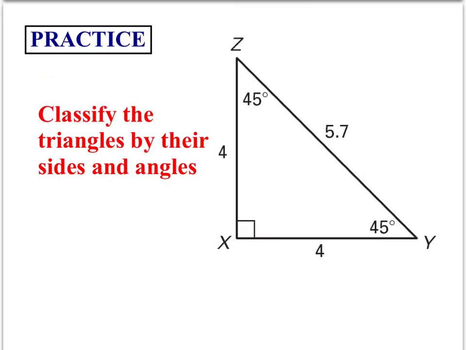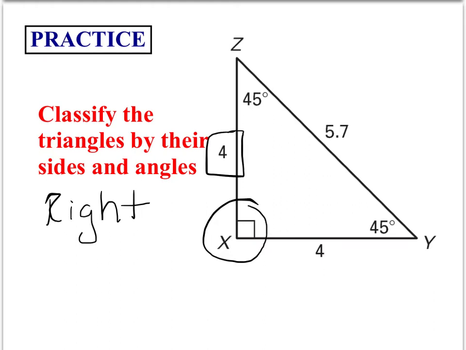Okay, let's classify this triangle by the sides and the angle. So, right away, you see the 90-degree angle. So you know this is going to be some type of right triangle. Okay? And we have two sides here that are congruent. And we'll start talking about this relationship of 45-45-90 degree triangles in different chapters. But for now, we know that we have two sides that are congruent.